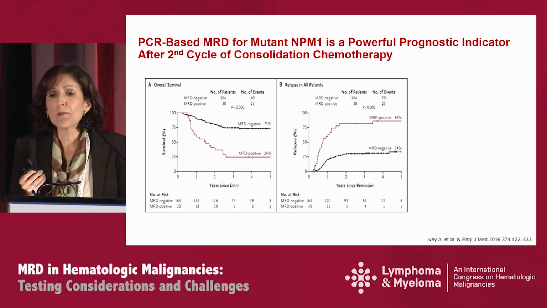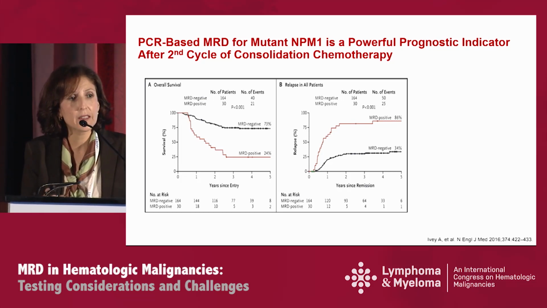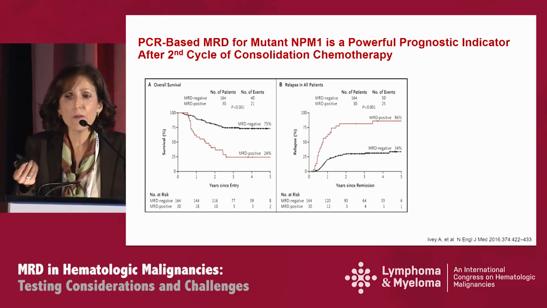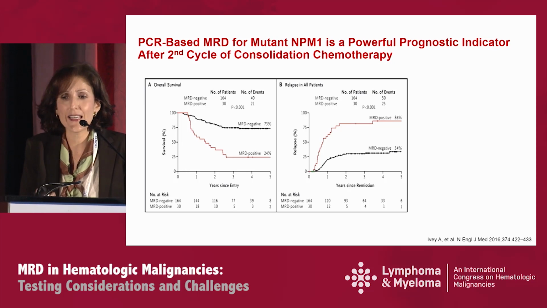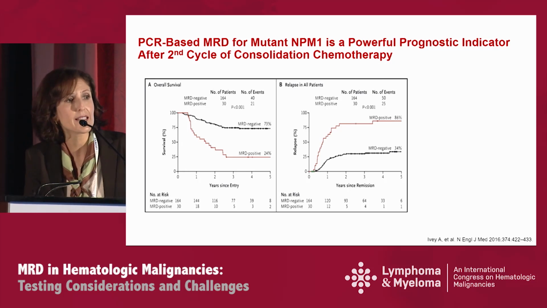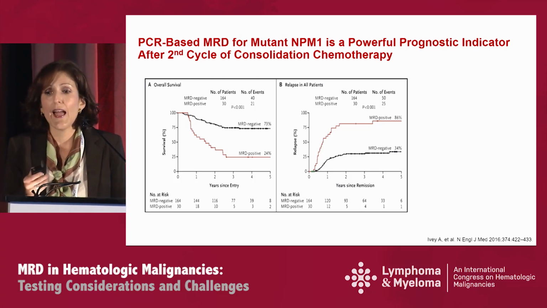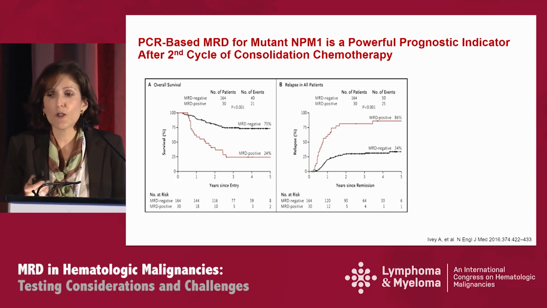So here, if you look at PCR-based MRD, we have certain AMLs that are molecularly defined, for example, if you have an IDH mutation, a FLT3 mutation, an NPM1 mutation. These are things that we can track. NPM1 in particular has the best data for tracking PCR-based MRD in the peripheral blood, by the way, not in the bone marrow, as an indicator of relapse risk after the second cycle of consolidation.